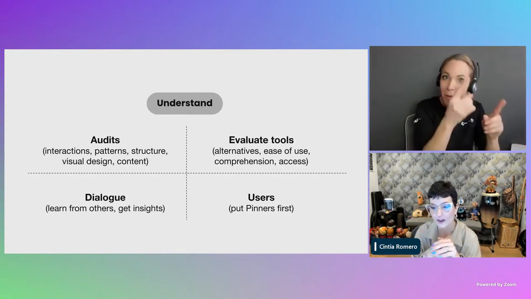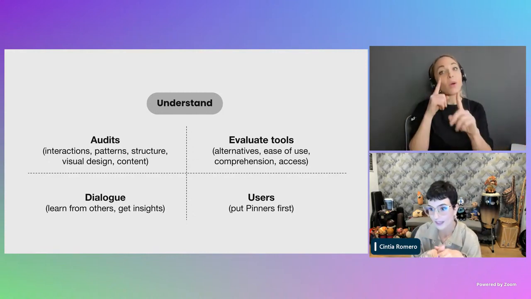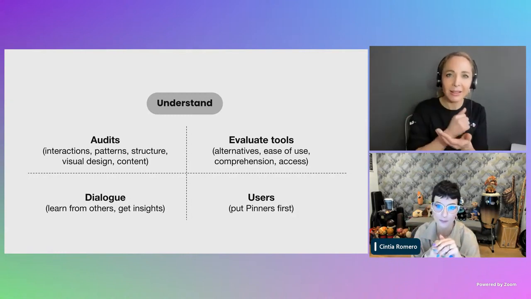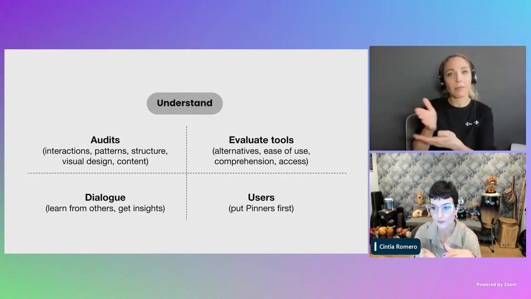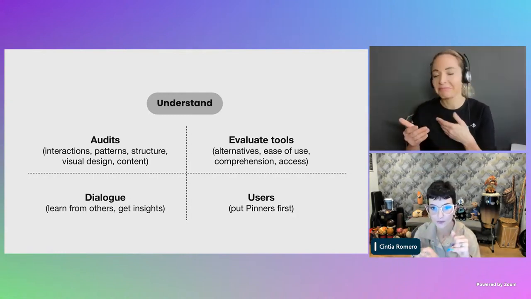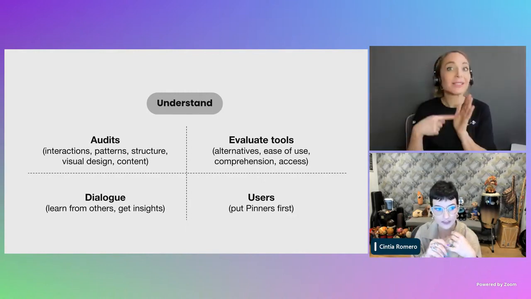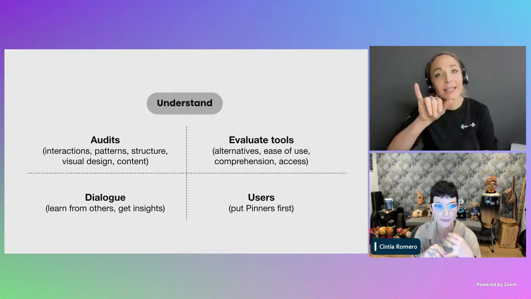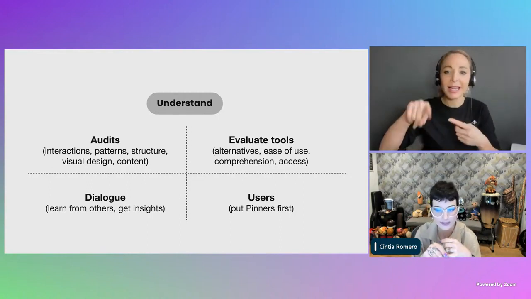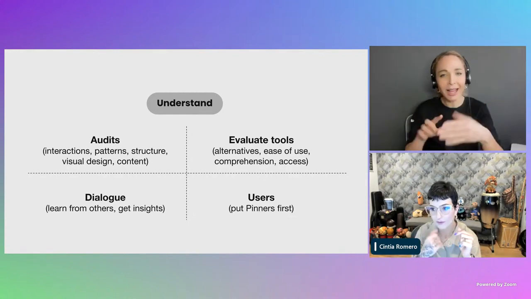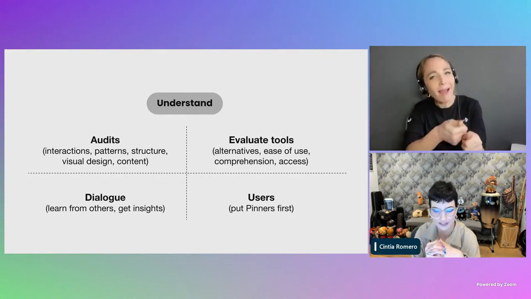The goal of this phase is to educate and gather information to make accessibility part of the design process. We've got to document it all. For example, we can do audits: think about the interactions, the patterns, the structure, the visual design, the content, and how they comply and conform with WCAG guidelines.